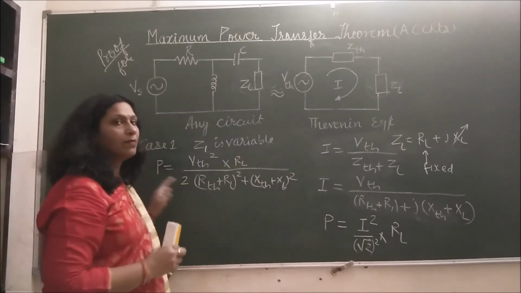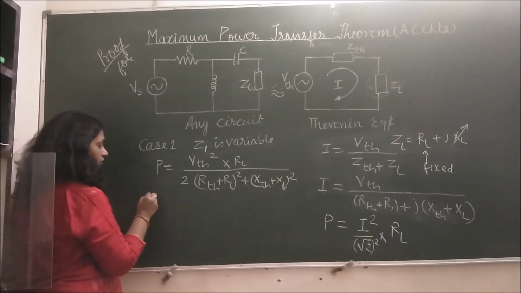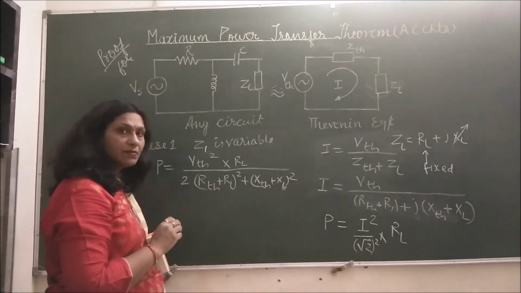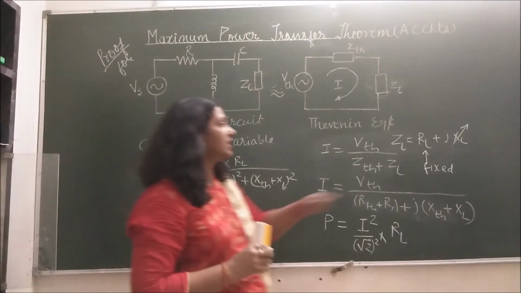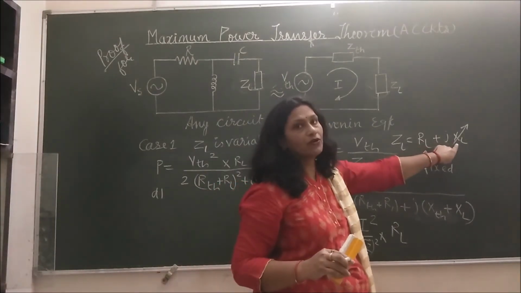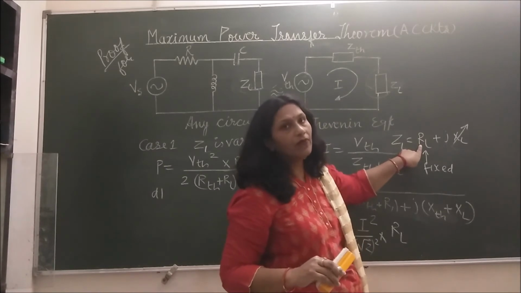This is the value of power across ZL. Now we have to find the condition for maximum power across ZL. First we will find the condition for XL, what the value of XL should be, and then we will find what the value of RL should be.